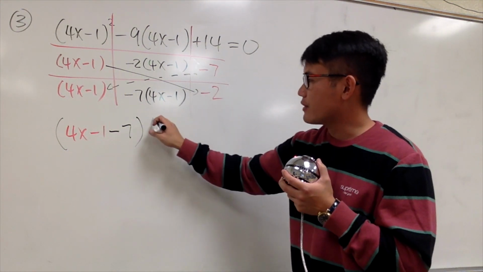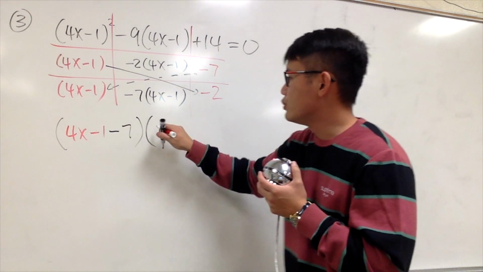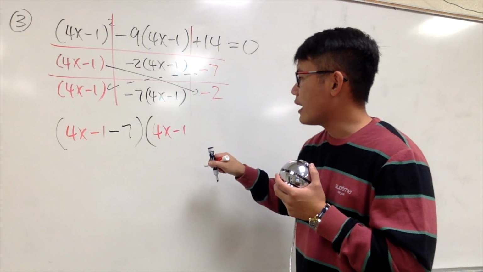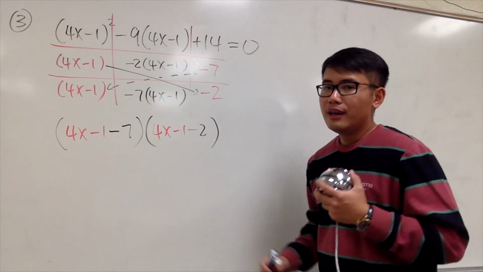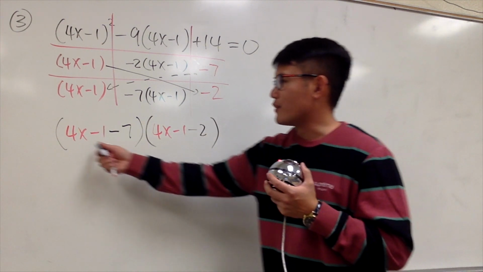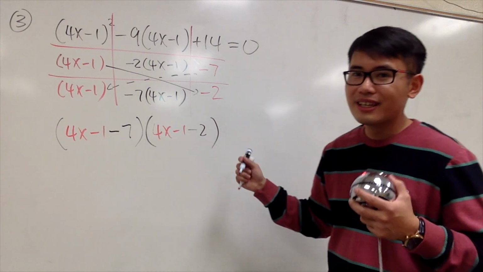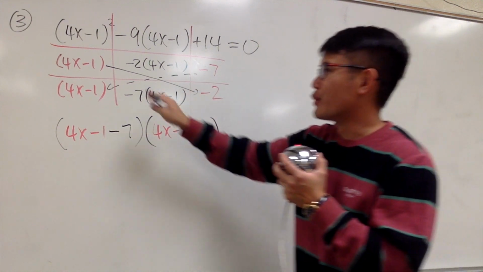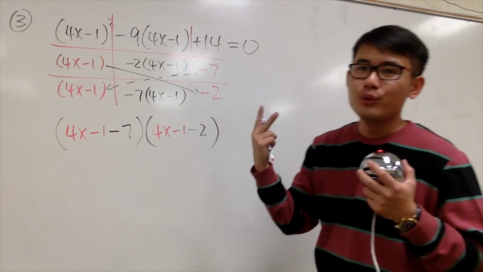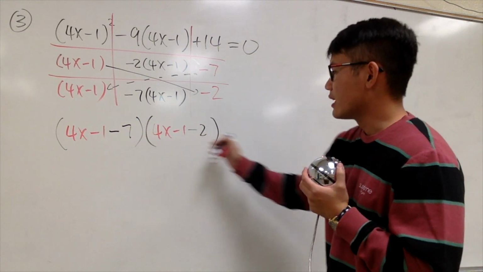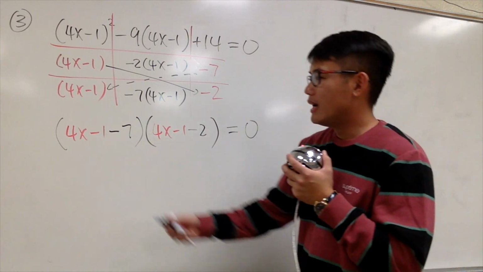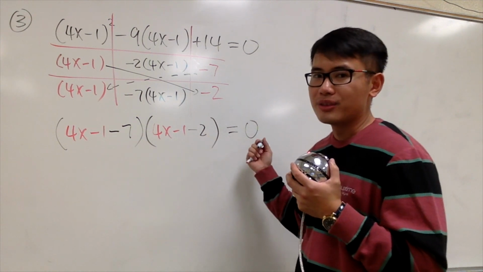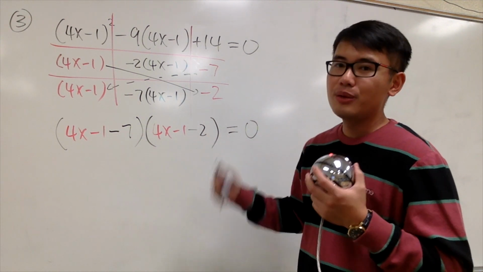And for the second factoring right here, we have this, which is 4x minus 1, and then we have the minus 2 after that. It's slightly unusual because we have 3 things in each parentheses, but this is just how it is, because originally this right here, we have 2 terms already. So these are the factors, and we have this is equal to 0. As usual, I will put this down and set it equal to 0. I'll put this down and make it equal to 0.